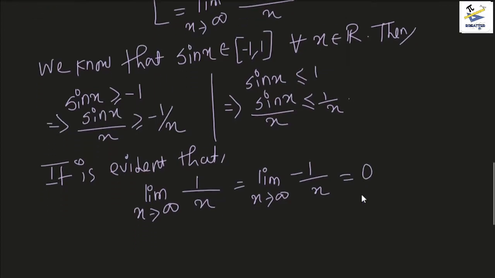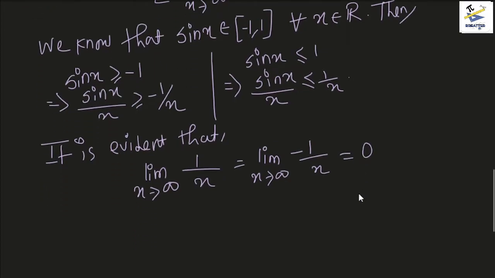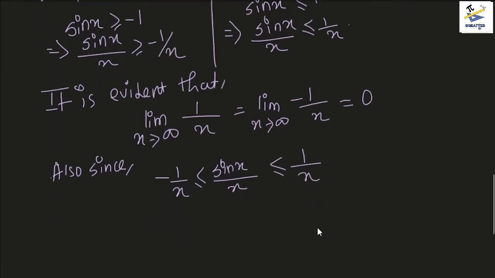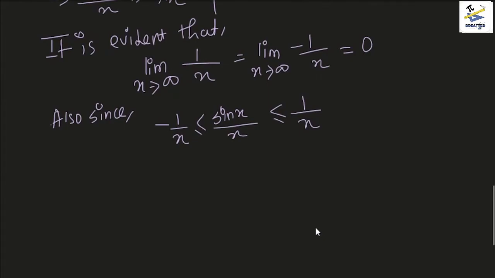So both the limits actually go to 0 irrespective of the sign, and also since we can bound the function sin x by x as we have done here, we can basically write -1 by x less than or equal to sin x by x less than or equal to 1 by x, right? Now I'm going to quote a theorem here.